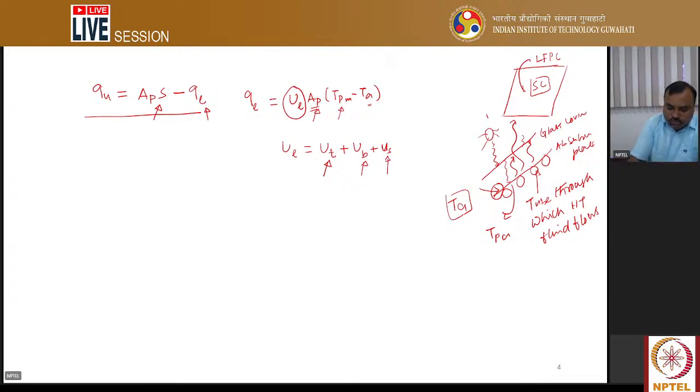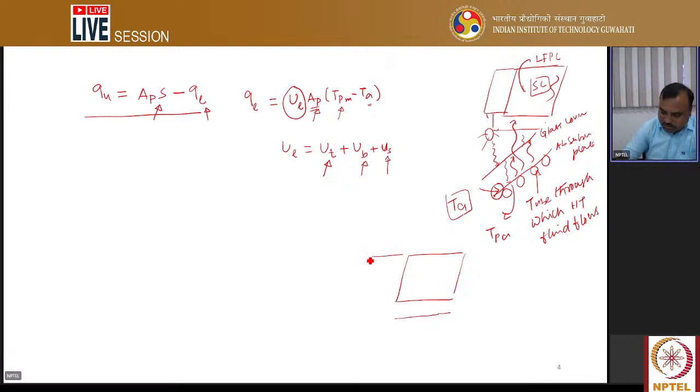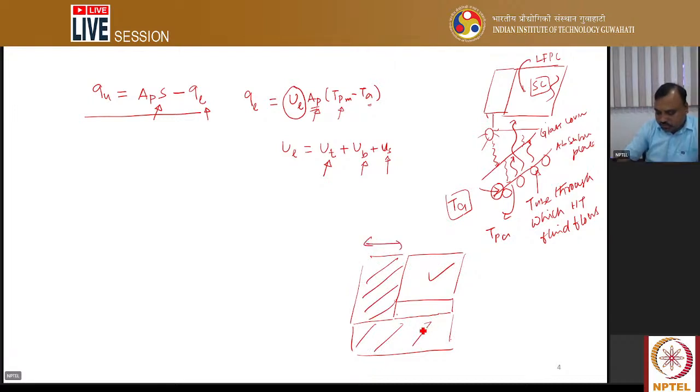We know this collector has side loss, bottom loss, and top losses. So if I write this configuration again, okay, if I have insulation here and here, and this is the glass cover, these are the insulation. So the thickness of insulation we know for sides and bottoms.